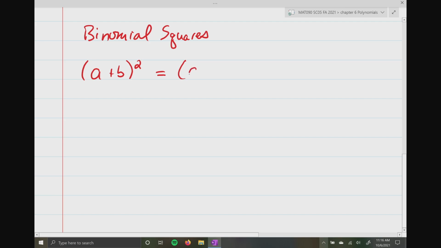First, you know to rewrite it. Okay? And if you were to distribute this and group all your like terms, you would end up with this as an answer: a squared plus 2ab plus b squared. So let me show you that. Remember, a times a is a squared.